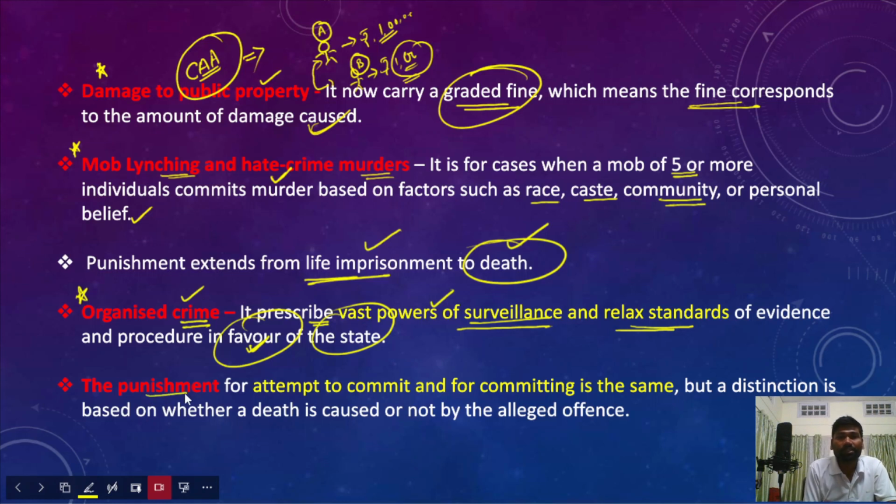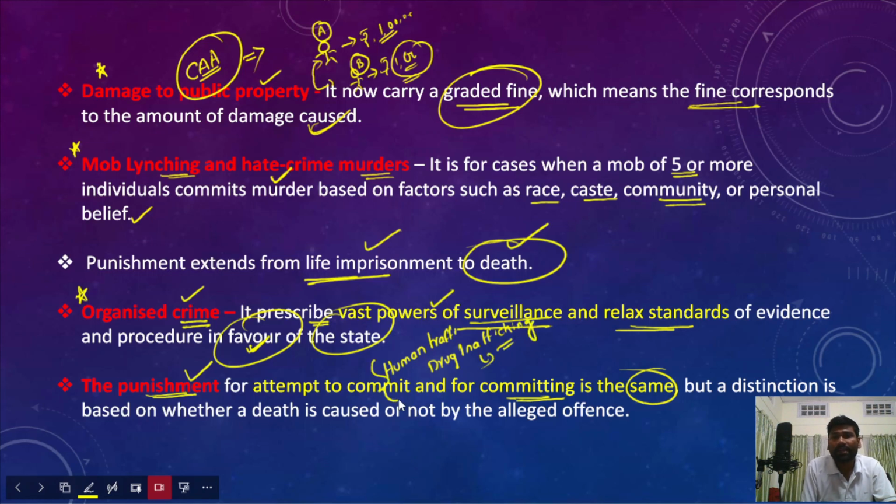After that, punishment has also been prescribed for organized crime. Attempting to commit and committing are considered the same. For example, imagine an individual who attempts to commit an organized crime. Human trafficking is considered an organized crime, and apart from human trafficking, drug trafficking is also considered an organized crime.